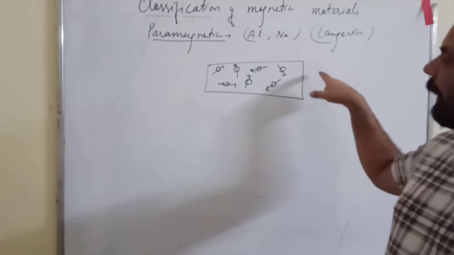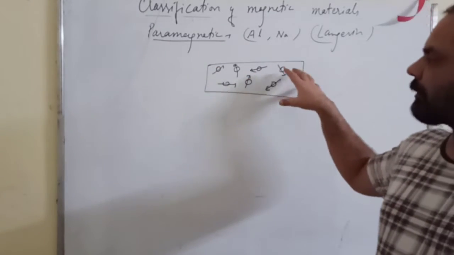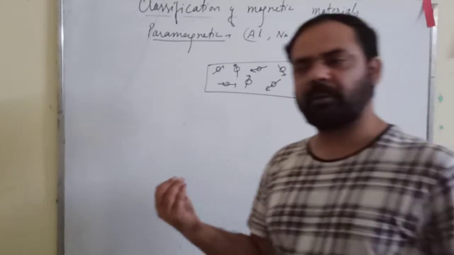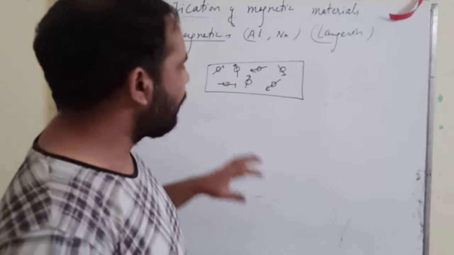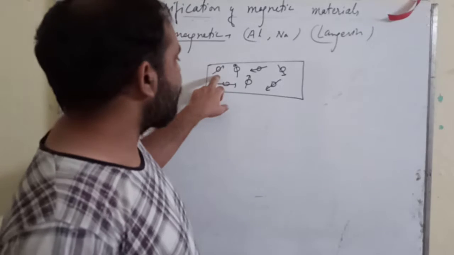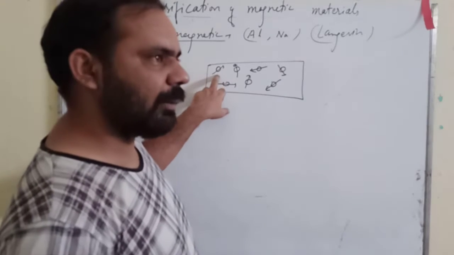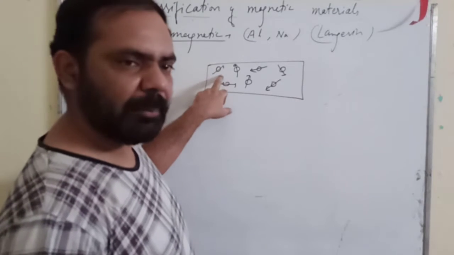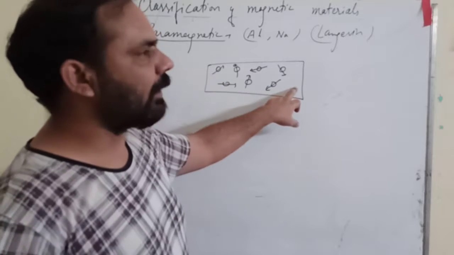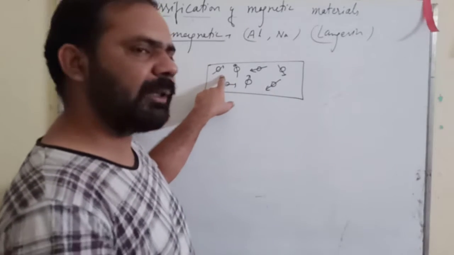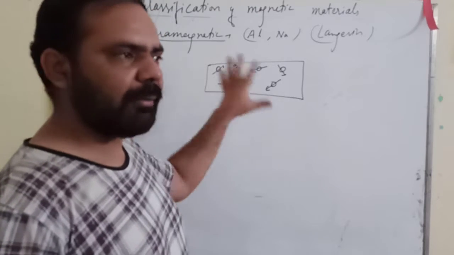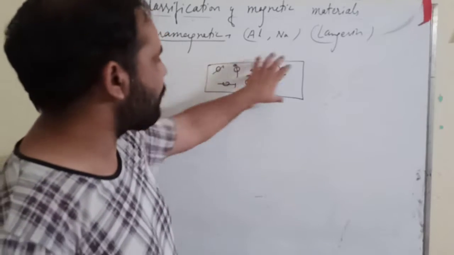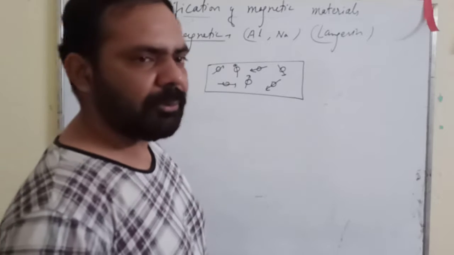Now if you take the average dipole moment, since a small material itself has a large number of atoms, suppose this atom has this direction of dipole moment, then there will be some other atom with an equal and opposite dipole moment. So on average they cancel each other out, and the dipole moment of the whole material is equal to 0.